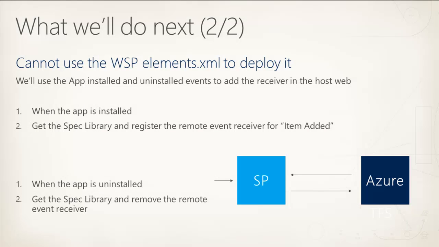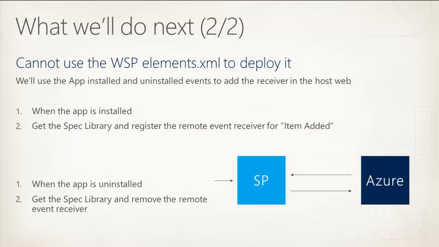If you've played with remote event receivers in the current version of the tools, you've probably seen that if you right-click, add, and add a remote event receiver, it'll add a web service and an element XML. But the reason we cannot use that is because the element XML is scoped to the app web, which basically means that event receiver will only be part of the app web, not part of the host web. But it is possible to use the client-side object model to register that event receiver in the host web, which is what we're going to be doing.